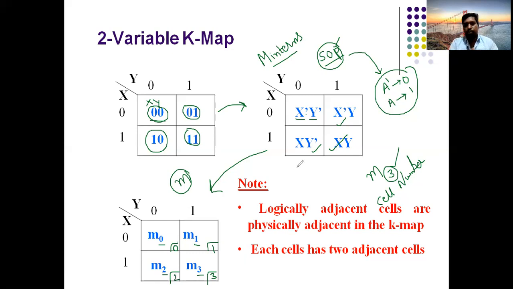Clear? Suppose you take the case of POS, then you will get capital M0 here, capital M1 here, capital M2 here, and capital M3 here. Index values will not change because address values are constant, therefore the index value will also be constant; only the notations will be different here.